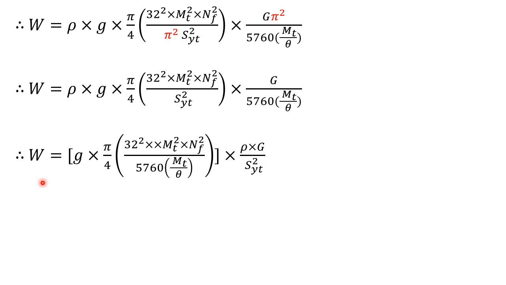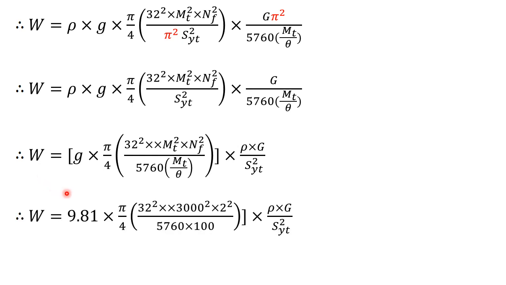So our aim is what? W is to be minimized. So I now just replace this by the appropriate numbers, appropriate values. The only thing is you have to take precaution of units. G is 9.81, Mt must be put in Newton meter. It is given in kilonewton meter, so I converted it into Newton meter.